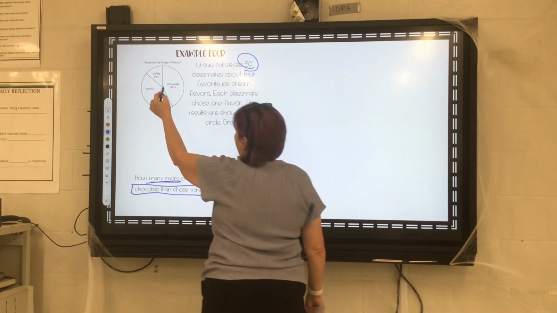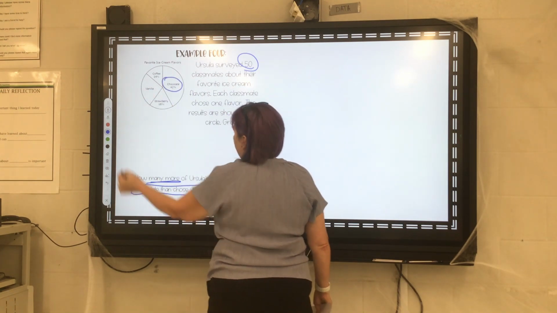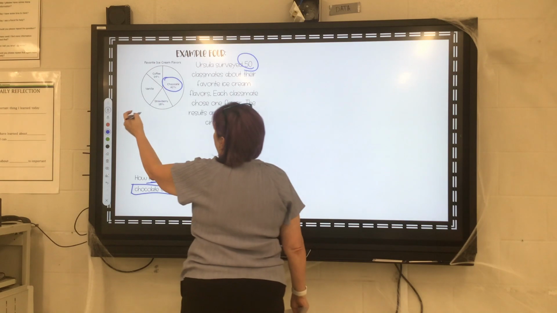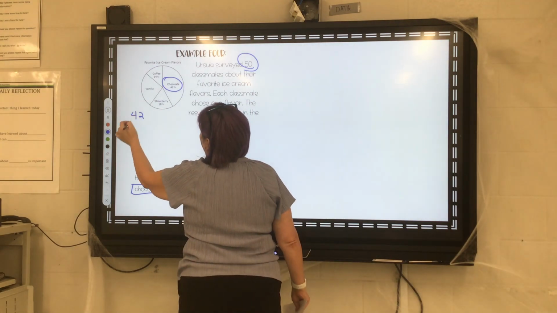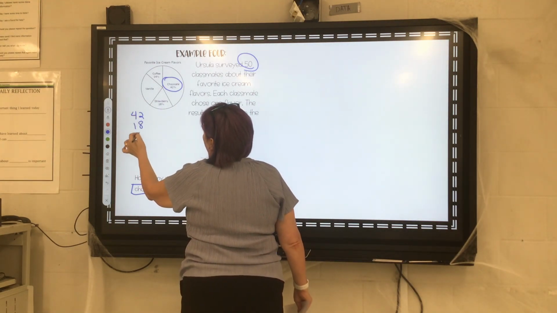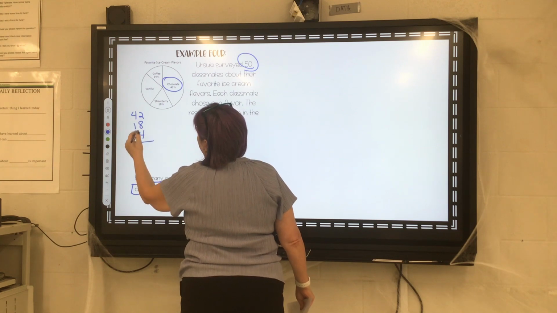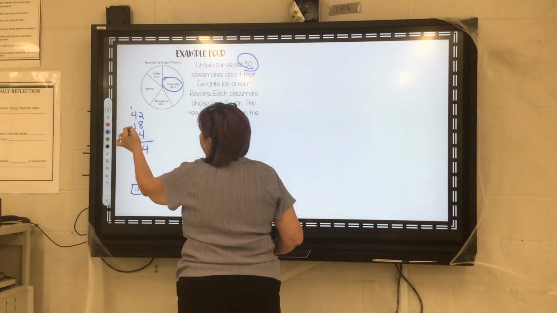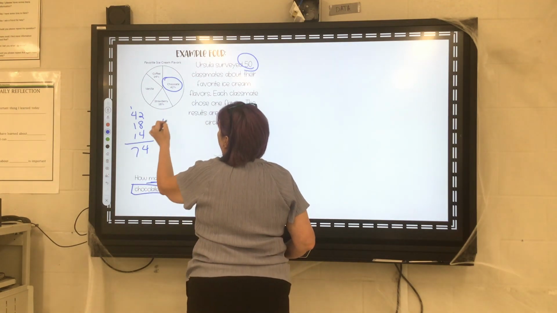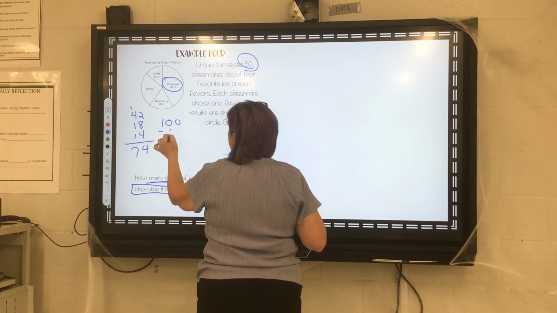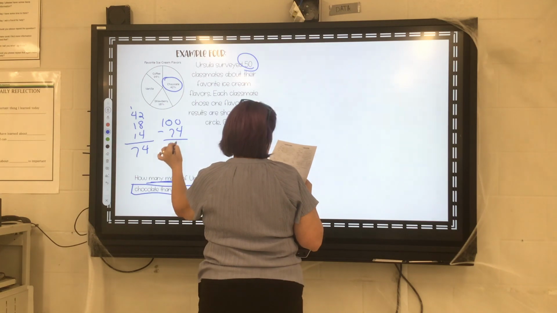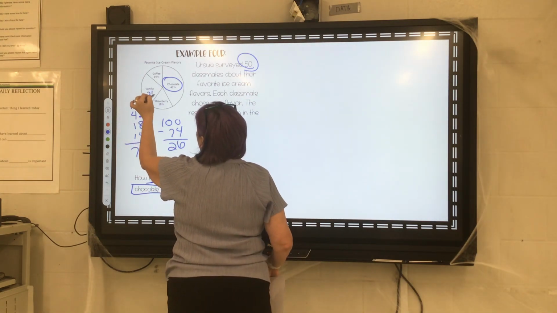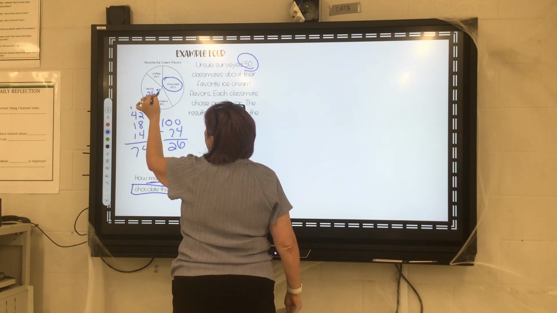Okay, so we need chocolate, which is 42%. Vanilla does not have a percentage, so we're going to have to take chocolate at 42, strawberry at 18, coffee at 14, and add those up. We get 74, so 100 minus 74 is 26. So vanilla is 26%.